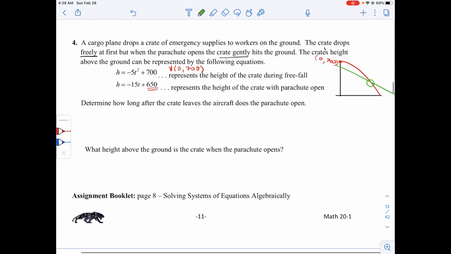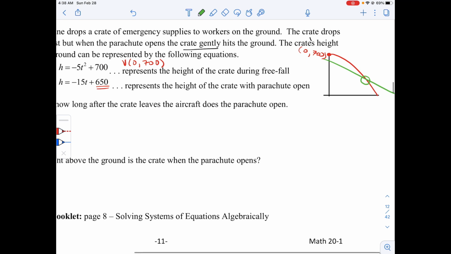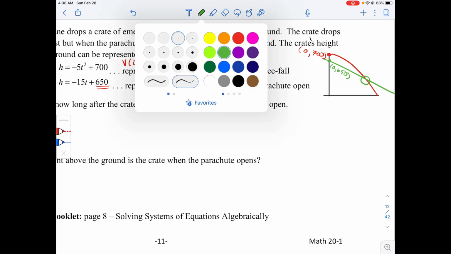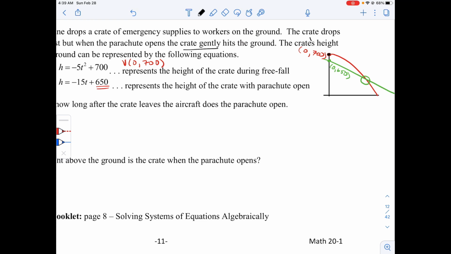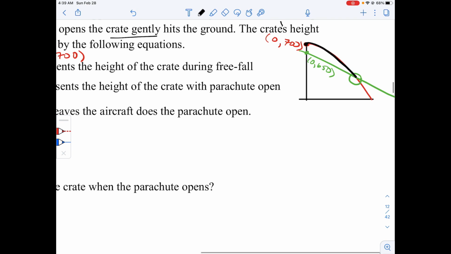Well, this would be 0 and 650, but the flight of the crate starts here at 700, it free falls in the path of a parabola, and then it hits the ground over here somewhere.